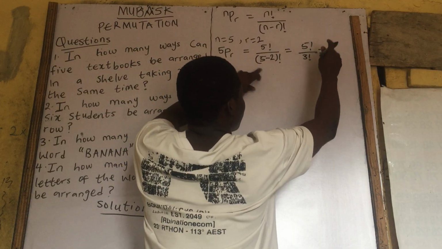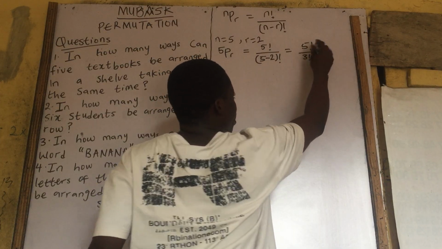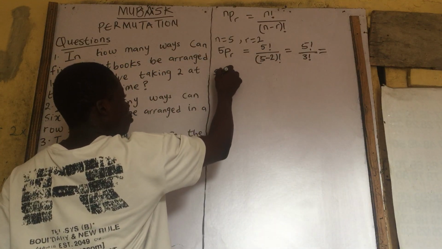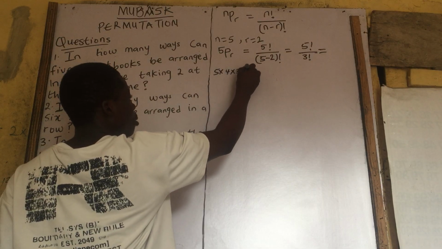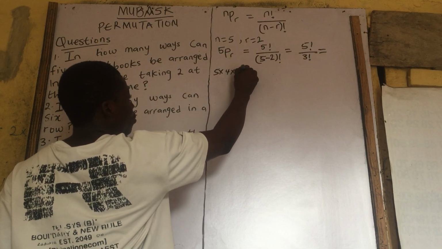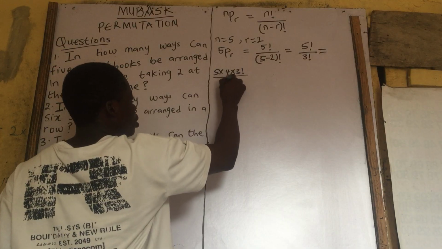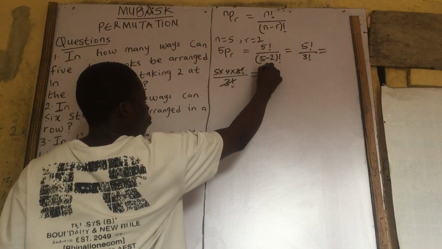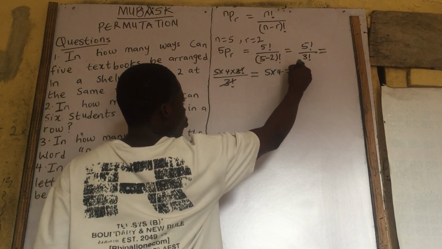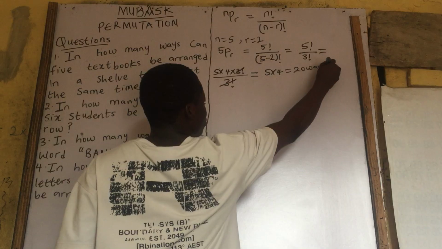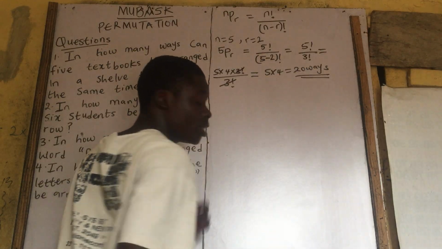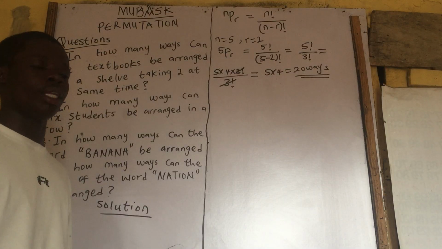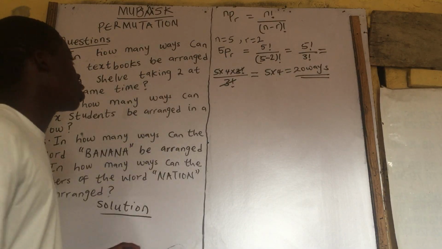I can evaluate my 5 factorial like this: 5 factorial equals 5 times 4 times 3 factorial, divided by 3 factorial. 3 factorial cancels 3 factorial, remaining 4 times 5, which equals 20 ways. That means we can use 20 ways to arrange the 5 textbooks in a shelf. That is the answer for question 1.